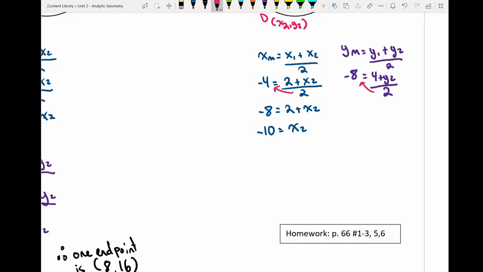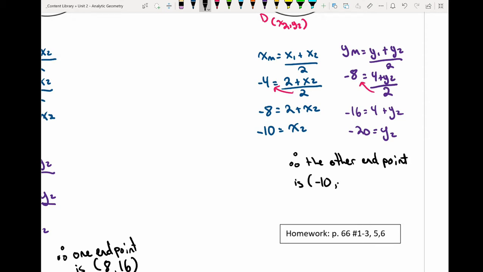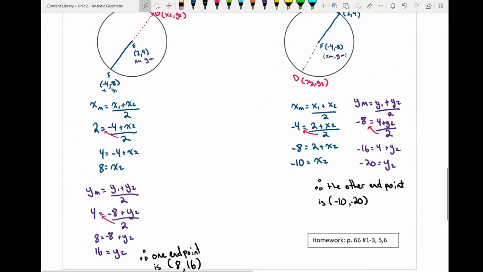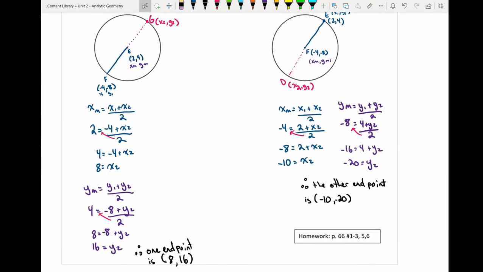So that comes up: -16 equals 4 plus y2, and -20 equals y2. So therefore, the other endpoint is (-10, -20). So again, you're just using that idea of the midpoint formula to help you either find the midpoint or to find the other endpoint of a line segment.